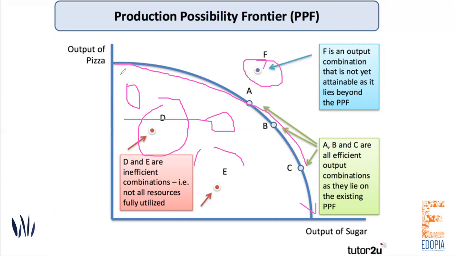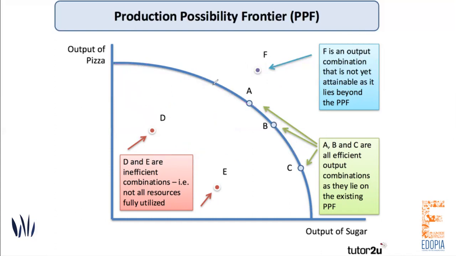You also have to keep in mind that this curve has a changing opportunity cost. Now you must be thinking about how opportunity cost is involved in this entire process. I'll explain. Suppose we are producing at this point, so we have this much sugar and this much pizza.